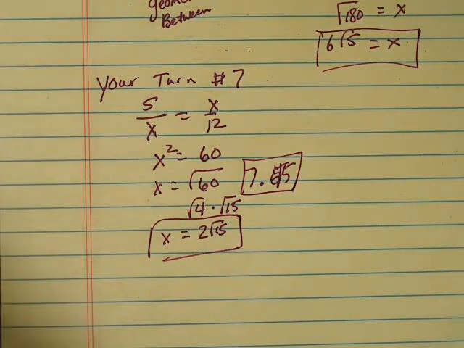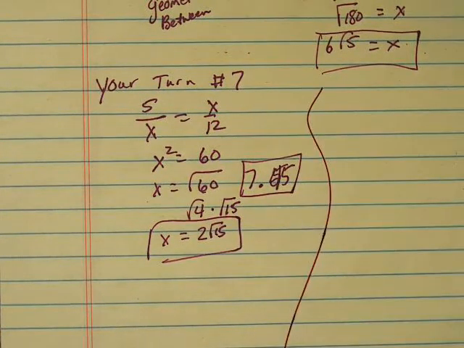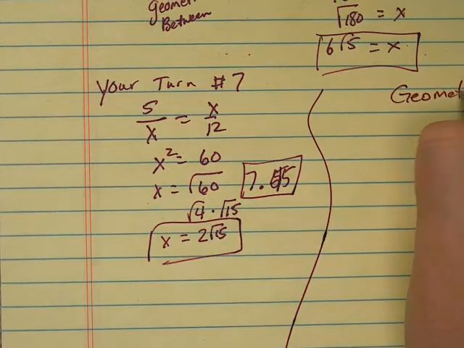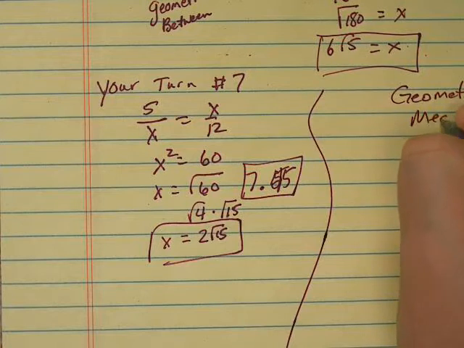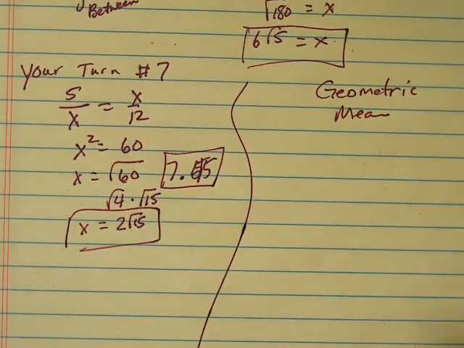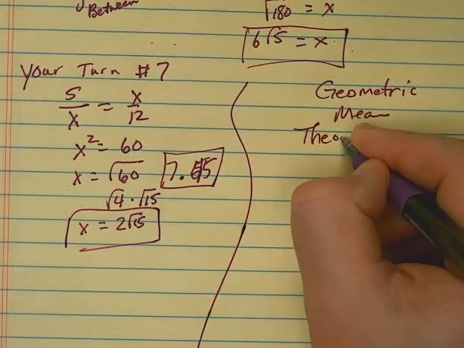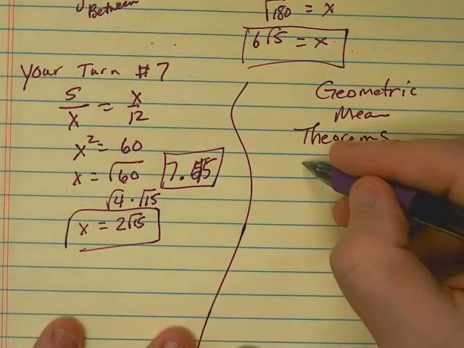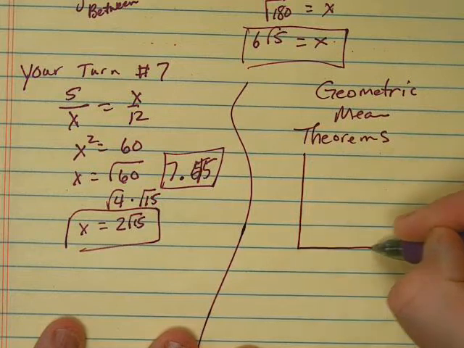Now that we know that, here are a couple of geometric mean theorems. You should be putting all this into your notes. Let's start with a right triangle, because that's when these are applied.